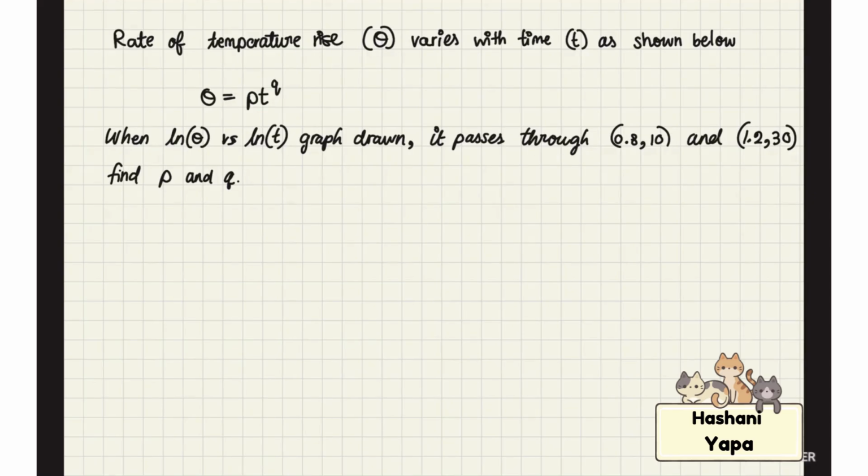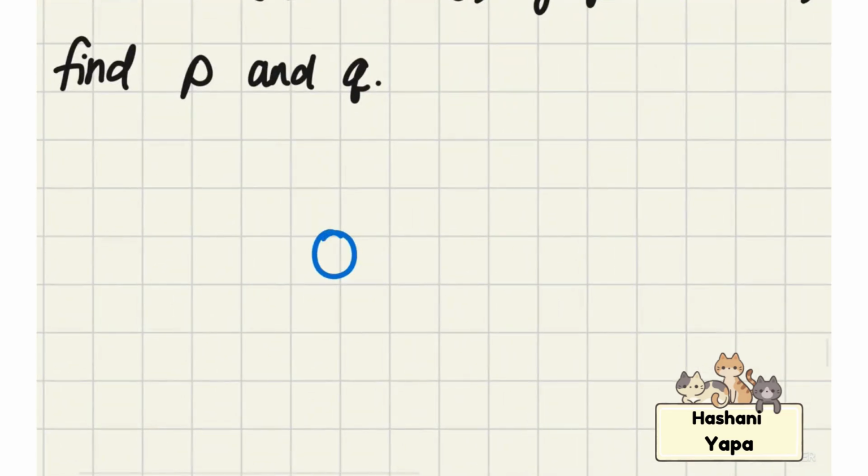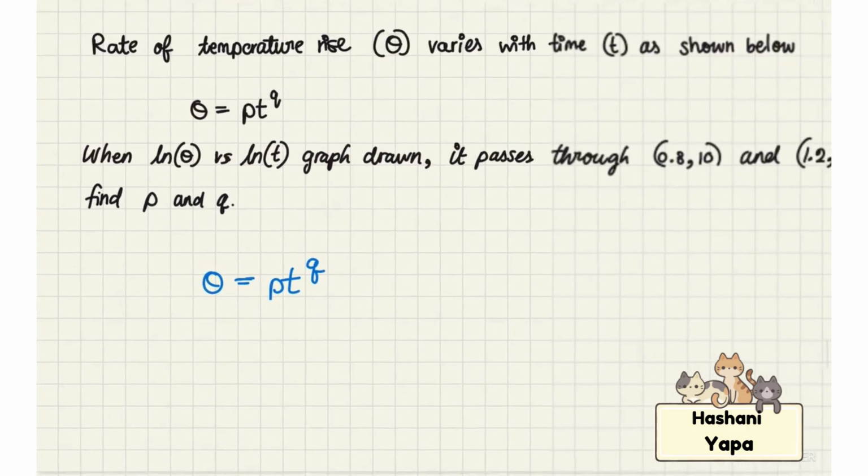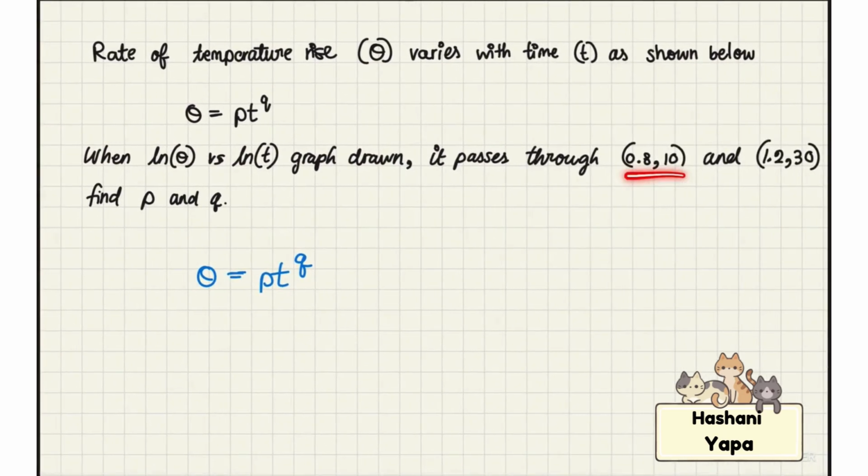So let's start with this equation. Theta equals p t to the power q. They have given us these 2 points, right? So it passes through these 2 points.